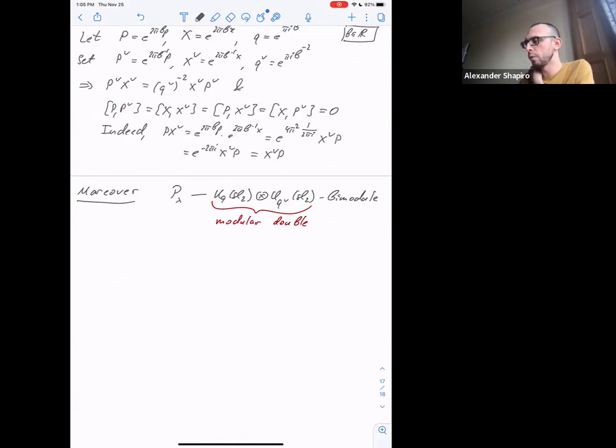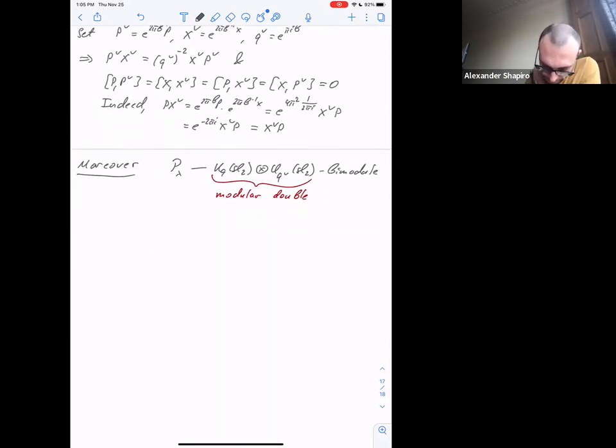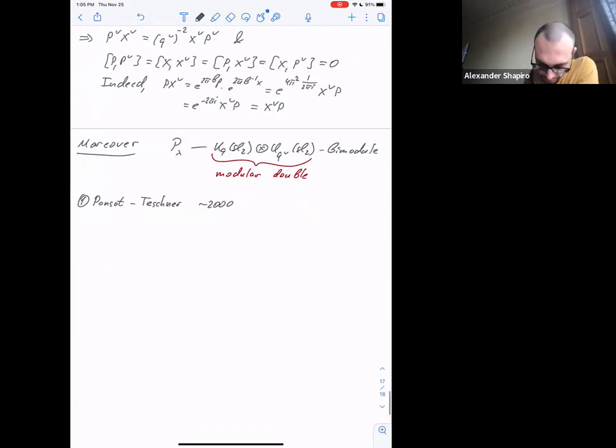All right, now what is known about positive representations? So first, I guess, goes back to Ponsot and Teschner. It's around 2000. They showed that these positive representations are actually closed under taking tensor products.